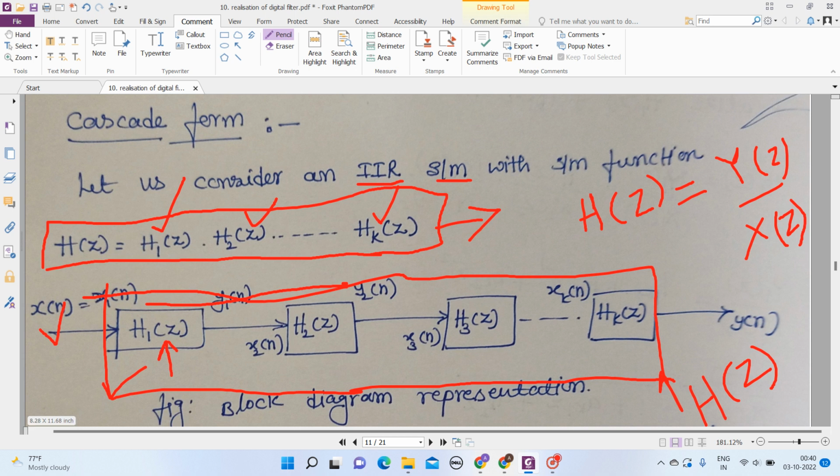We have connected all the system functions as a cascade, so we are placing the transfer functions one after the other.